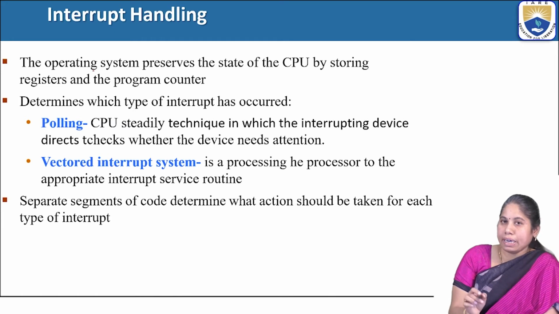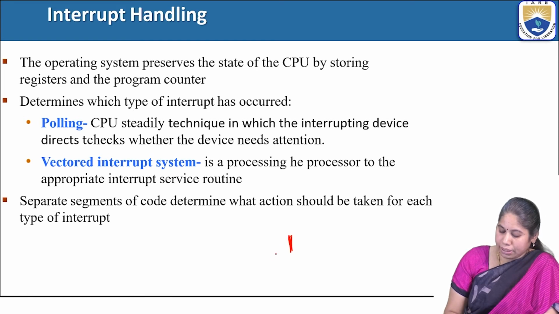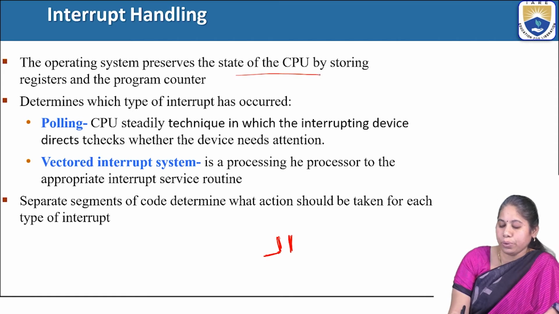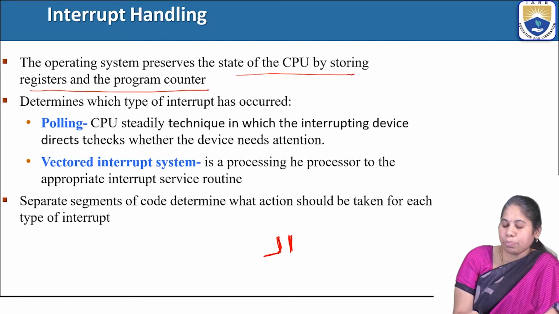When an interrupt happens, whatever work you are doing, you have to save the state of this work. So whenever an interrupt occurs, the operating system preserves the state of the CPU by storing the registers and the program counter.